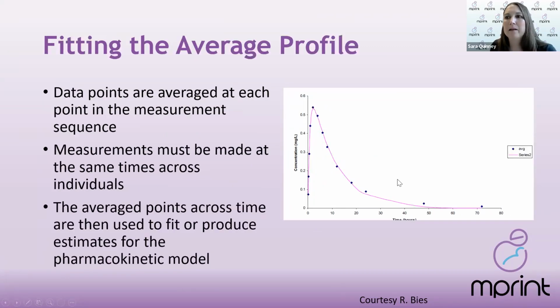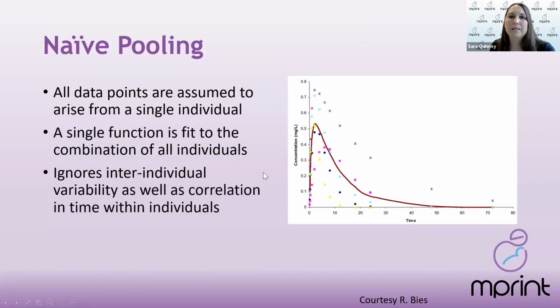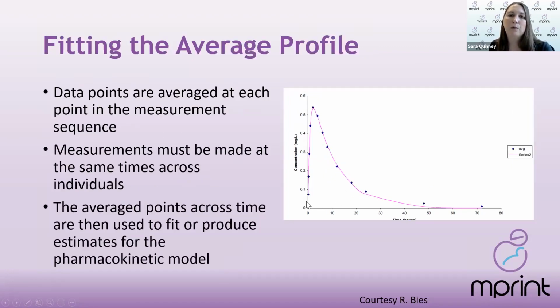A similar method to this would be to fit the average profile for each individual. So instead of taking all your data, putting it into a program and fitting a single compartmental model to that data, here we will take the average of each of those data points first.